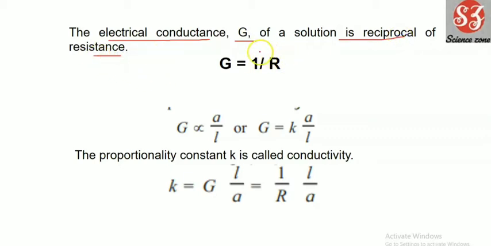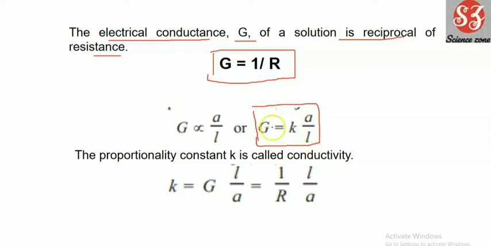So G is the reciprocal of the resistance R. That's why G is directly proportional to cross sectional area and inversely proportional to L. And G is represented by G equals K A upon L, where G is the electrical conductance, K is the conductivity, A is the cross-sectional area, and L is the distance between the two electrodes. So this is the second important formula, G equals K A upon L.